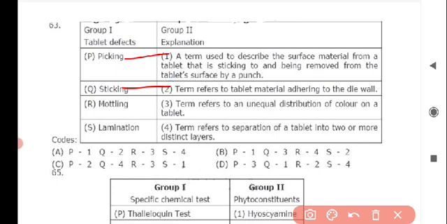Second, sticking matches with option 2, that is the term refers to tablet material adhering to the die wall. Mottling matches with option 3, term refers to an unequal distribution of color on tablet, while the option 4, lamination, matches with option number 4, that is term refers to separation of a tablet into 2 or more distinct layers. So the correct answer for this is option A.